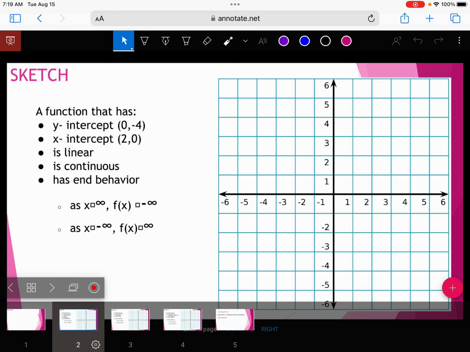Work down this list and get all the pieces on there so that we can then connect it up.